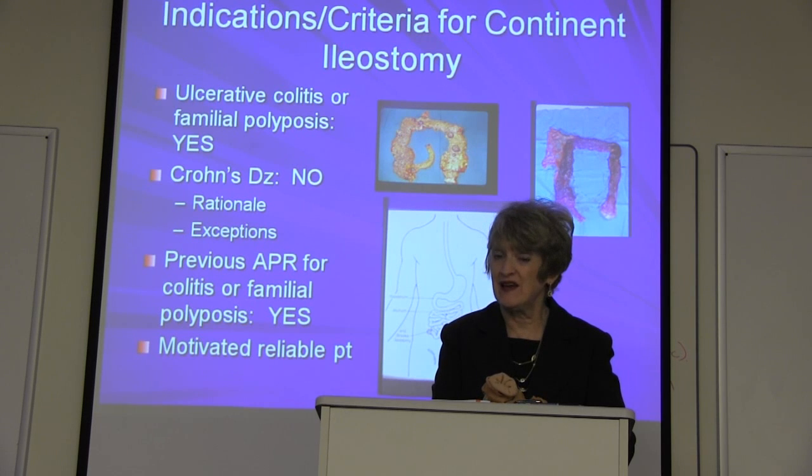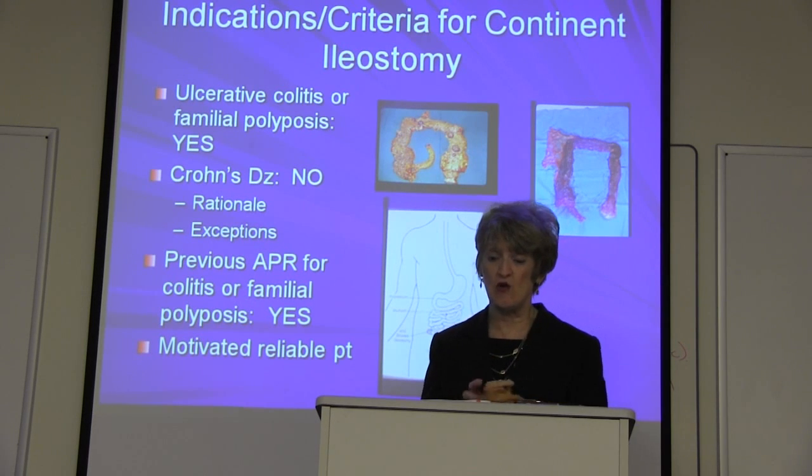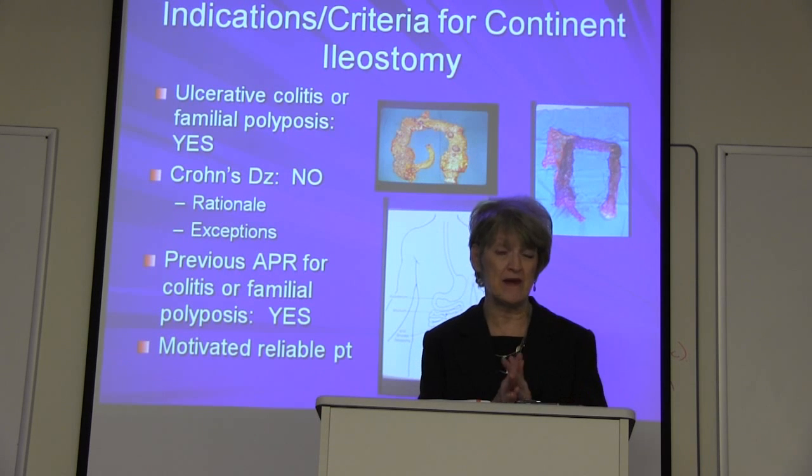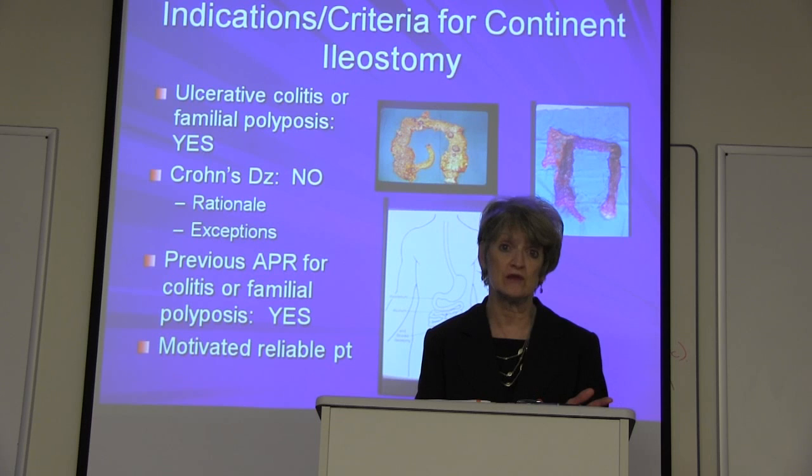Go back to the fact that with Crohn's disease patients, you're always trying to minimize the amount of bowel that's removed because you want to prevent short bowel long term. So in general, patients with Crohn's disease are considered not to be good candidates for a continent ileostomy.